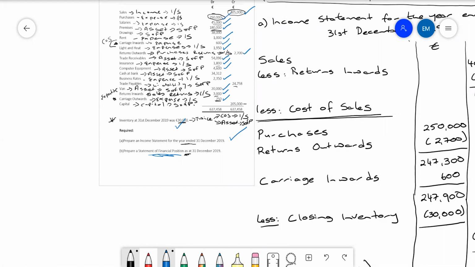We have cash at bank, 34,312. And also there's no other debit balances that we haven't dealt with. The only other one there is drawings. That isn't an asset. The only other current asset that we'll have is our inventory. We had identified at the start, it goes in as an asset.